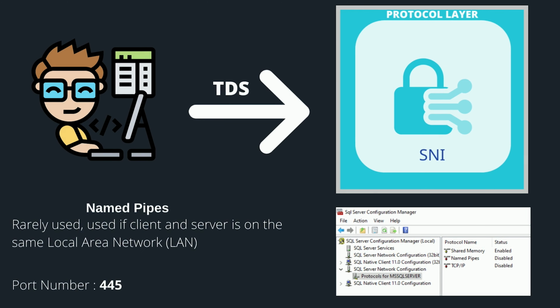The other one is named pipes, which gives some flexibility on where the client and server live. However, it has to be on the same local area network, the same LAN. The port number there is 445 by default, which can be changed. This is not very used, mostly because if I can use a named pipe, that means I can also use TCP/IP, which is an easier setup and is usually preferred.